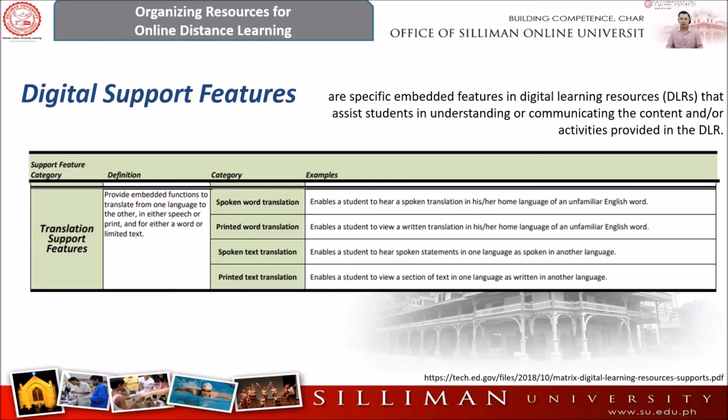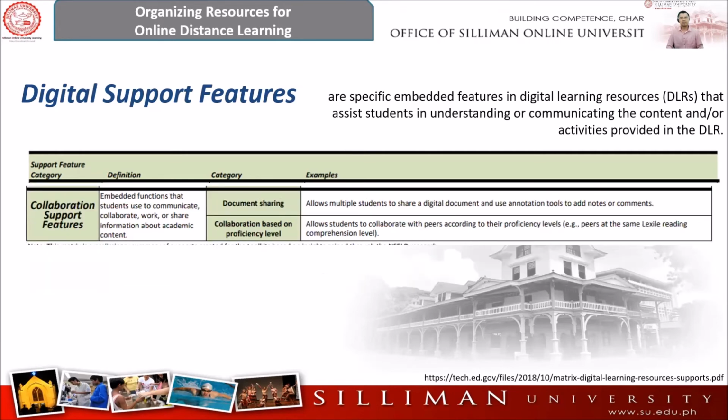This is very specific to language, but this may be very helpful to us as a basis of categorizing our digital learning resource. The third support feature is collaboration support features. This refers to embedded functions that students use to communicate, collaborate, work, or share information about academic content.